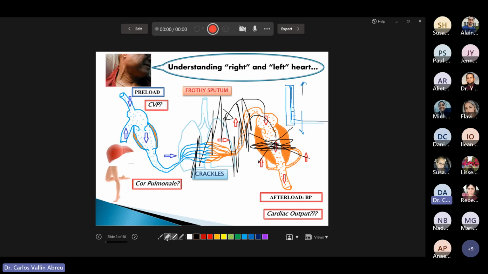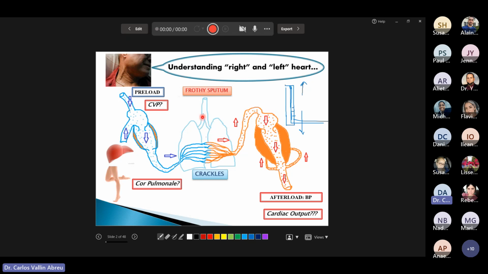And that's why the manifestations of left heart failure are mainly manifestations in the lung, because now the blood, which is mainly water, is going to build up here in the blood vessels of the lungs.